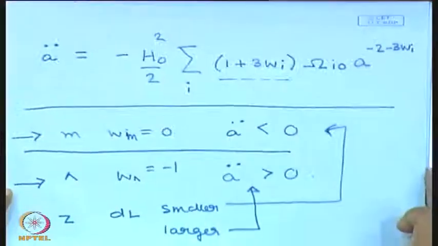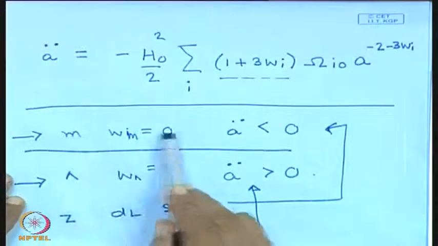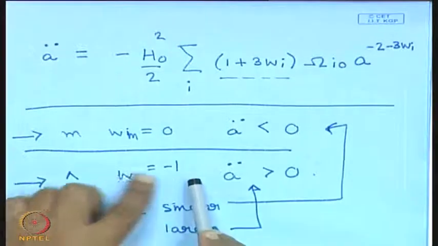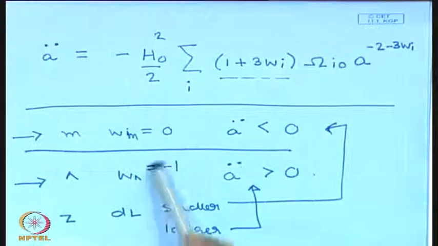Now something I should mention here is that we have been discussing very simple models where we have matter which has no pressure, we have this dark energy which has constant negative pressure, and the rest of it is in curvature.